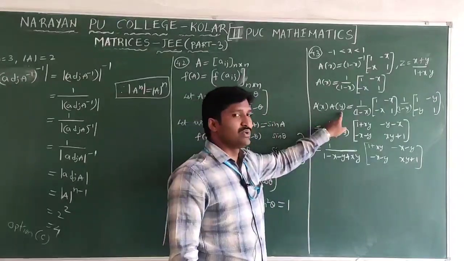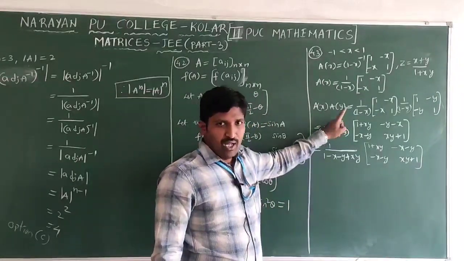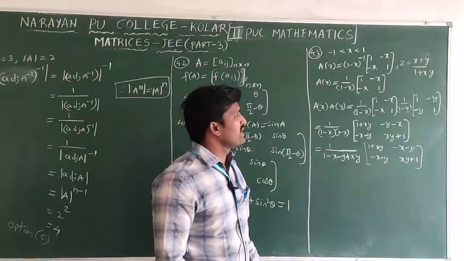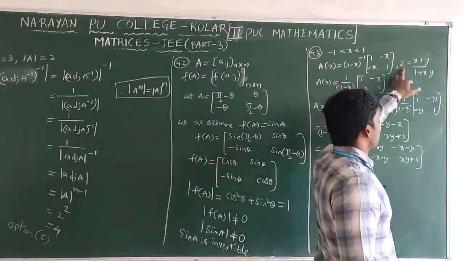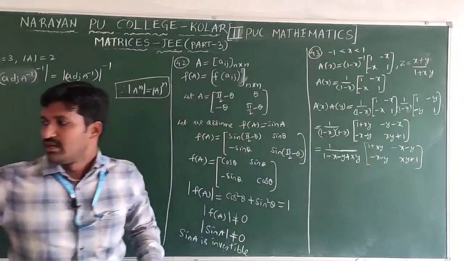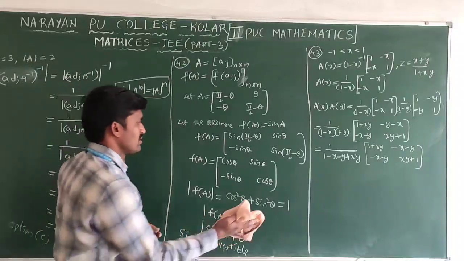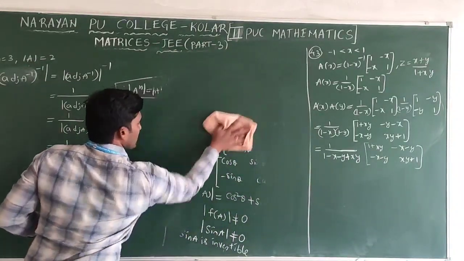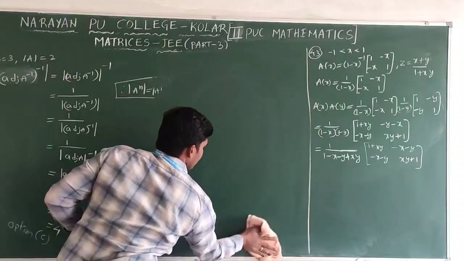A of x into A of y, we got. Now coming to the next, A of z we need to find out. How to find A of z? The z is already given: x plus y by 1 plus xy is given already. Z is not given as a single value; they gave z in the form of x and y.